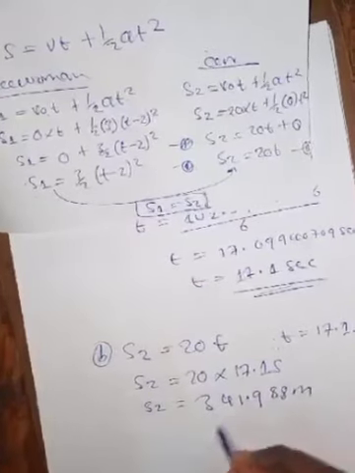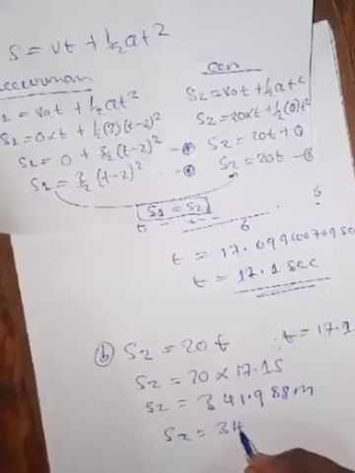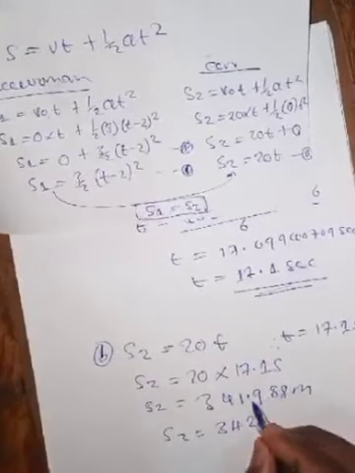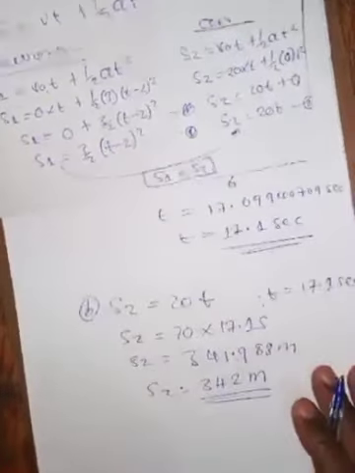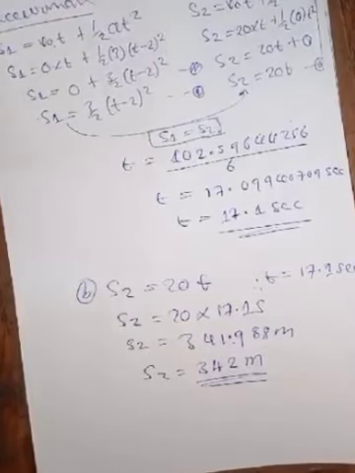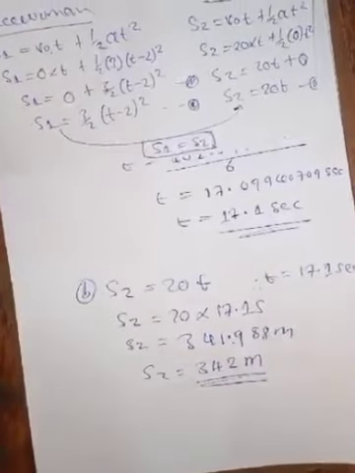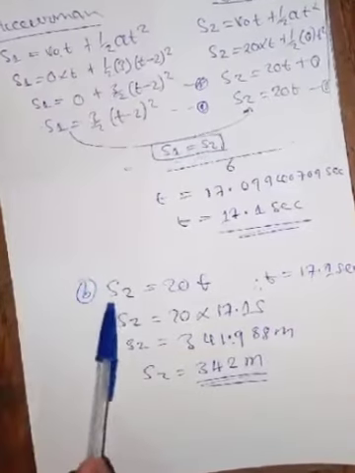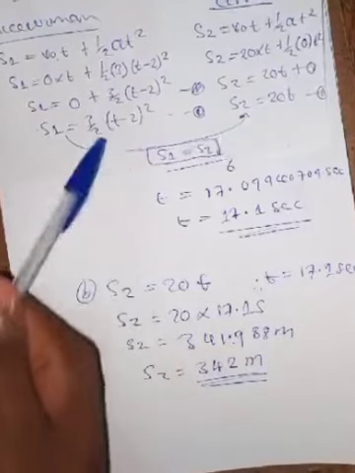We have 341.988 meters, which you can round off to 342, because when you get the 88 there, we just have 342 meters. So this is how far the car was the moment it caught up with the policewoman. Are we together?